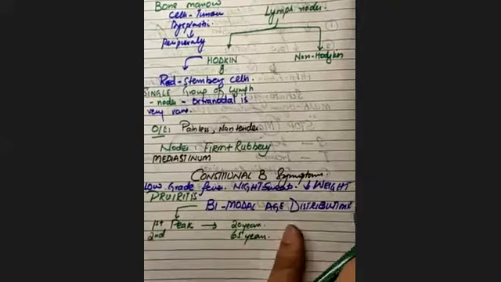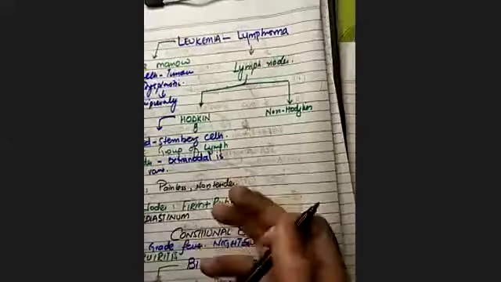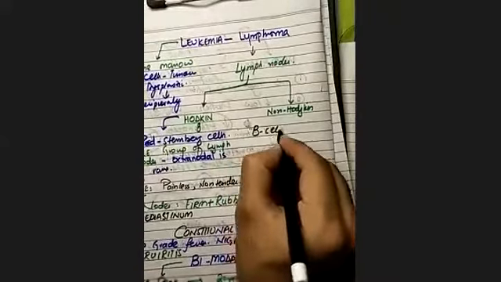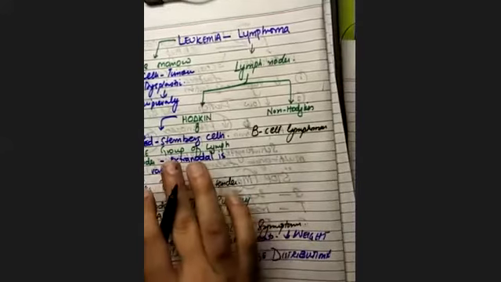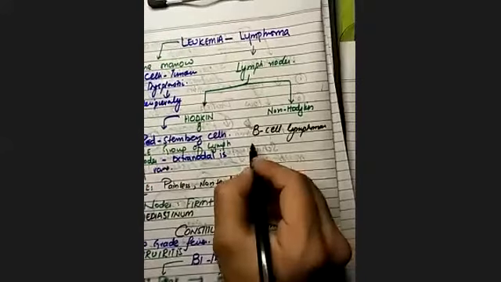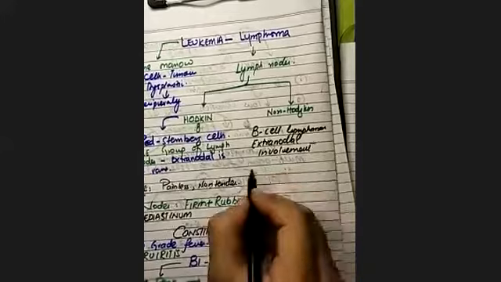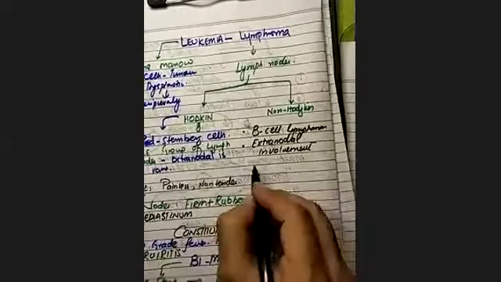Now, on the other hand, if you examine the non-Hodgkin lymphomas, these are basically your B cell lymphomas. And there is extranodal involvement, so outside your lymph nodes, they can be there.